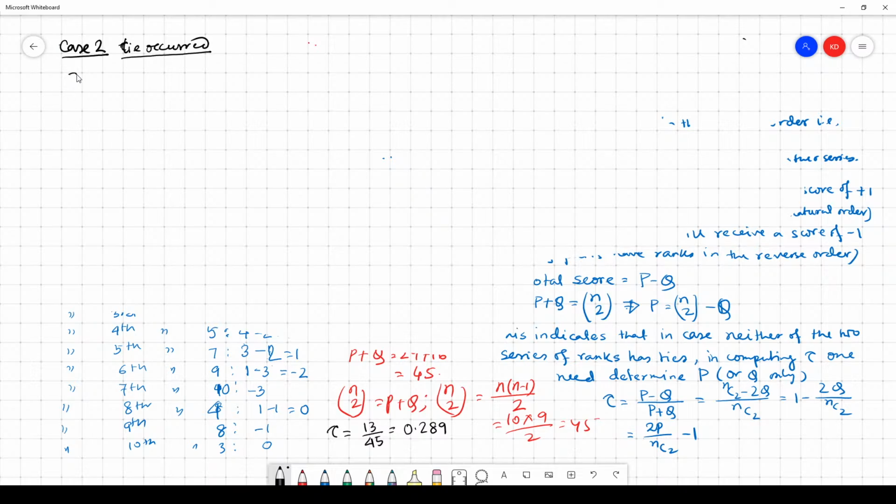That is, you can write in that way. Tau may also be regarded as a product moment coefficient for ranking with respect to the first character.